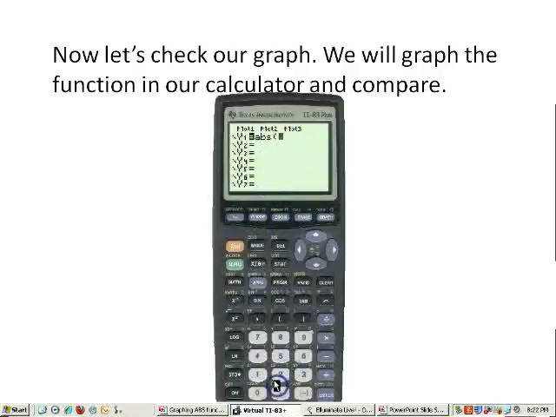So I press 1 or enter, and inside the parentheses I want to type my 2x plus 3 and close the parentheses just like the absolute value bars are closed around 2x plus 3. I want to set this on a standard window, which is zoom 6, and there I see my graph.